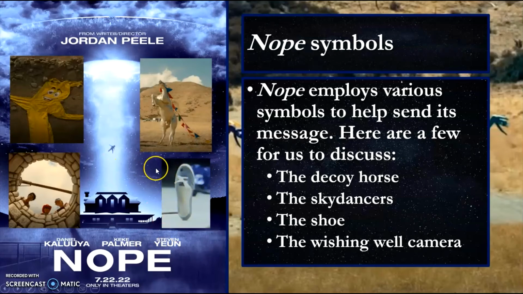Then there's the shoe. The shoe is really weird and complicated. I think the shoe represents a bad miracle, because OJ asks Emerald, is there a word for a bad miracle? And she says, nope, because there really isn't.